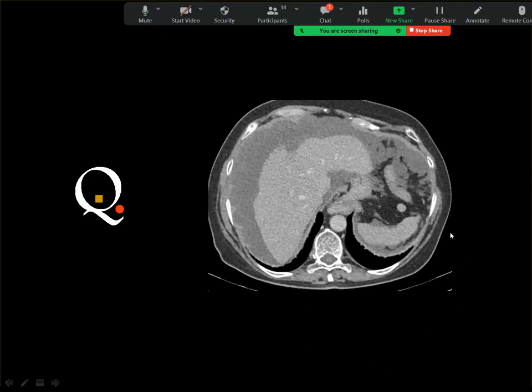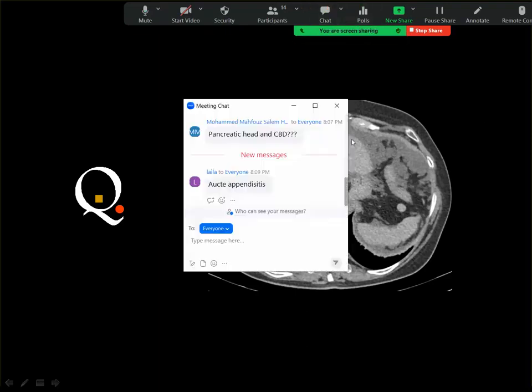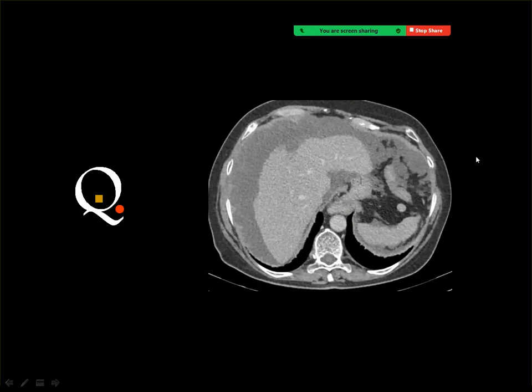Next case is an abdominal scan obtained after contrast injection, and you see the liver. The answer is liver injury, no. There is no history of trauma.